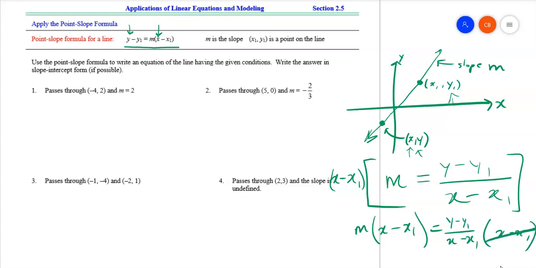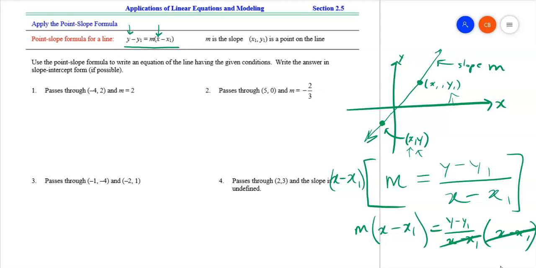And here, that denominator will just cancel. So it would just become y minus y1 on the right side. We could carry on simplifying this one. We could solve for y, for example, and we would end up with the slope-intercept form. But if we just stop right here, we have the point-slope formula for a line.